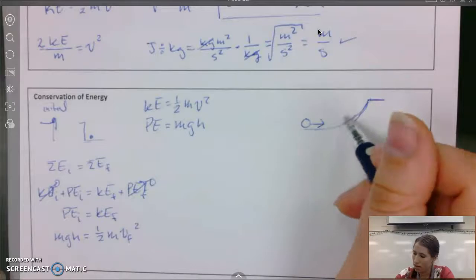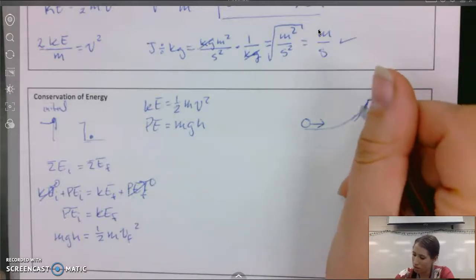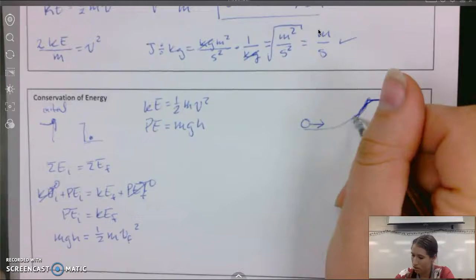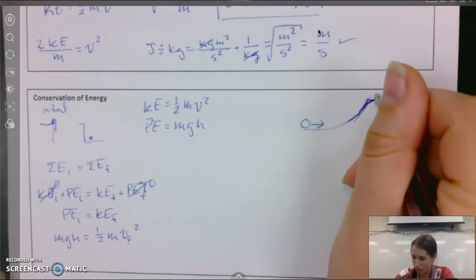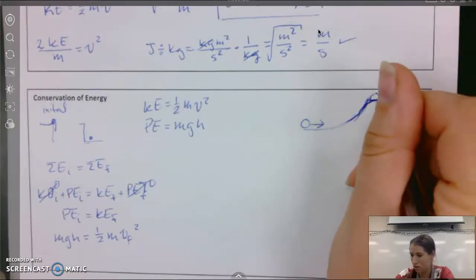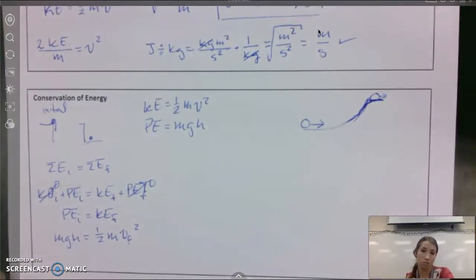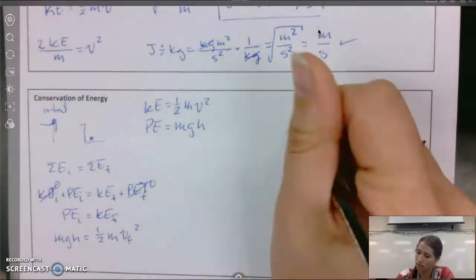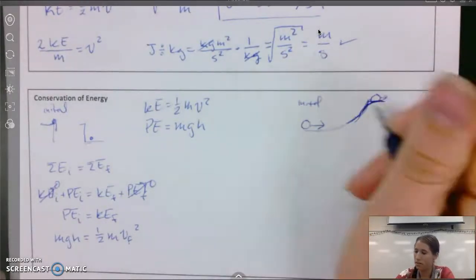When it gets to the top of the ramp here, we'll make it kind of more curved, it doesn't come to a stop. It's got a smaller velocity, but it's still going. So this is the initial, and this is the final.